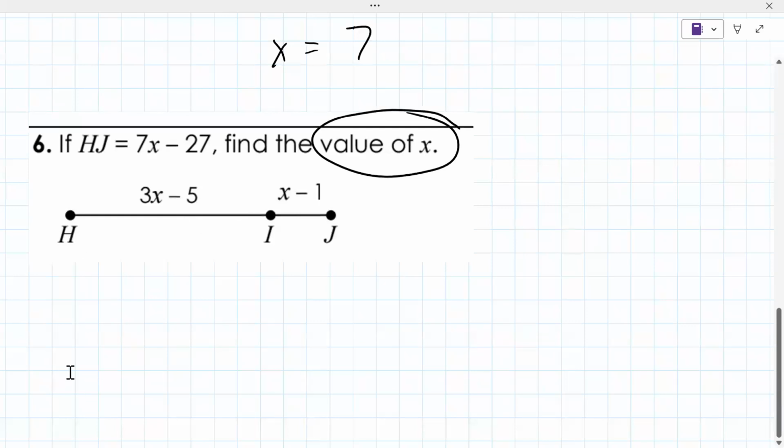Do what I did with the last problem. Okay, what did you do in the last problem? Give me just some words, that's what I'm looking for here.